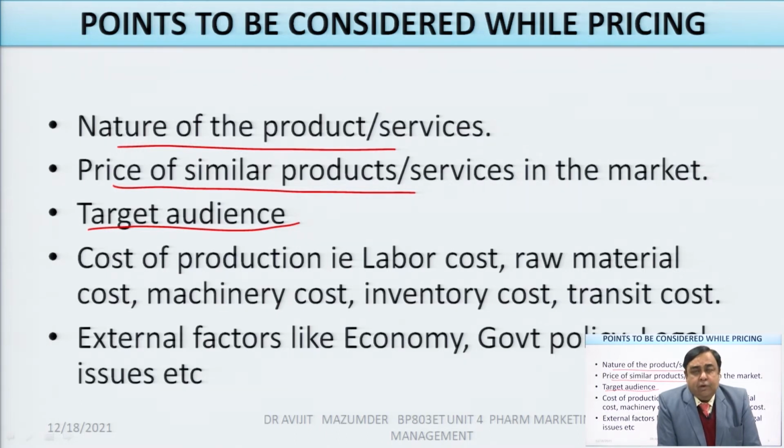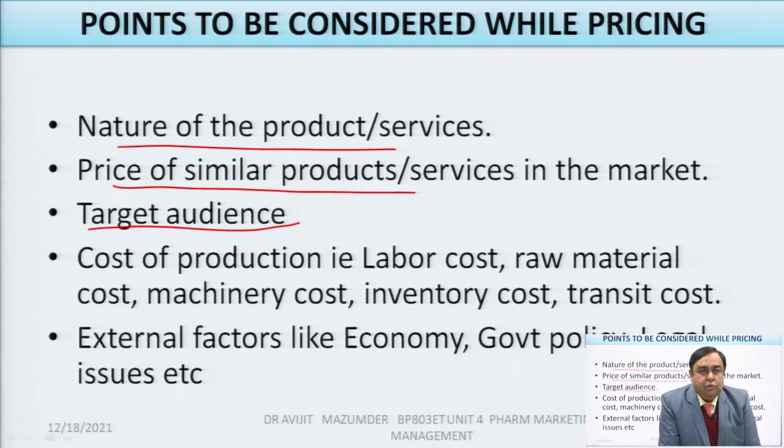Whenever you are preparing any item, you are taking the help of a machine. That machine regularly undergoes depreciation. So, if a machine's life is around 10 years, you have to adjust the cost of the machine along the 10-year span. So, machinery cost also has to be taken care of.